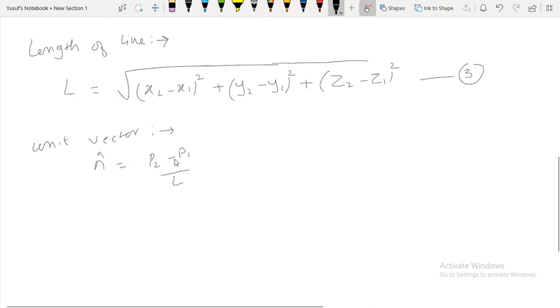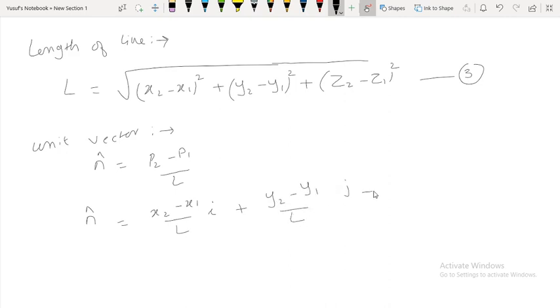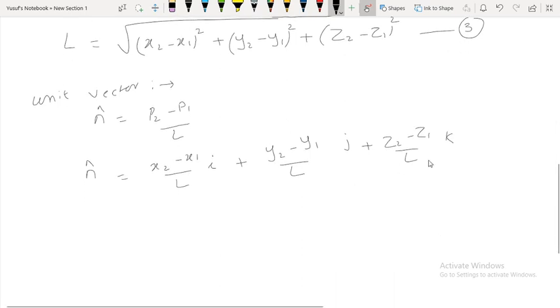This is the formula to calculate the unit vector of the line. We can write it in the form of x and y: (x2 minus x1) divided by L is the i term, plus (y2 minus y1) divided by L is the j term, and (z2 minus z1) divided by L is the k term. In ijk form you can write the unit vector. This is equation number 4.